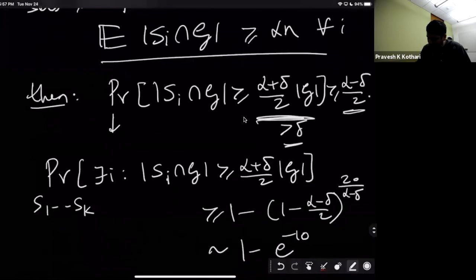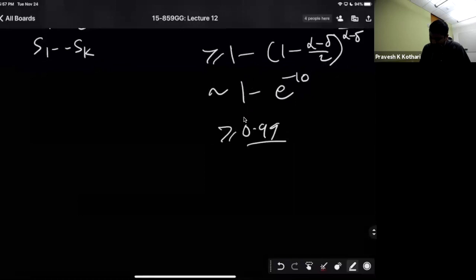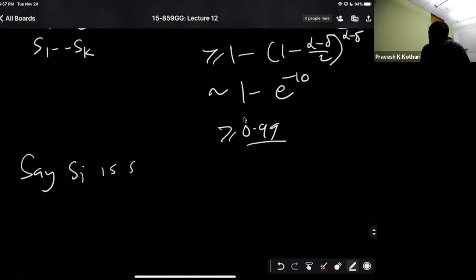I'm not going to do this in too much detail. At this point, I can finish the proof, because, say Si is such a set, then we can do the same argument as before.